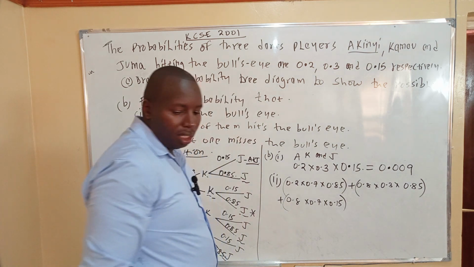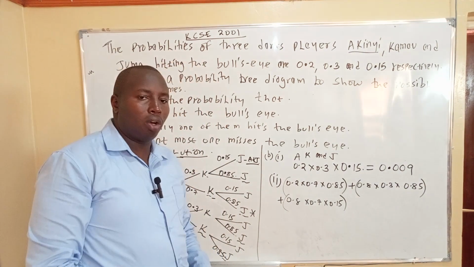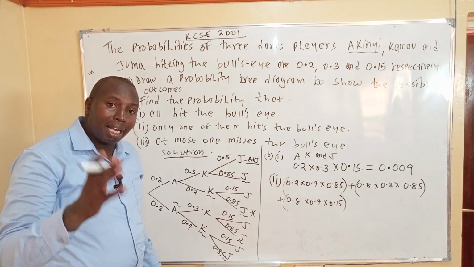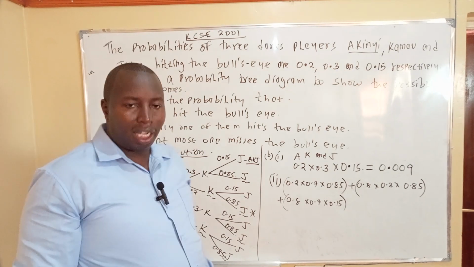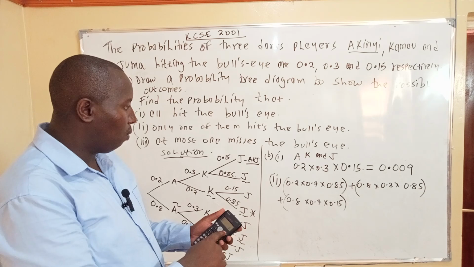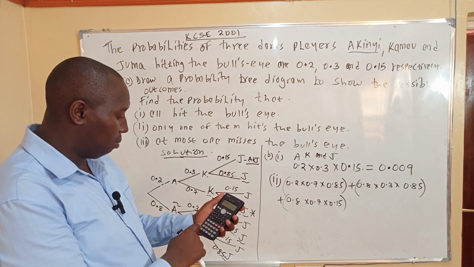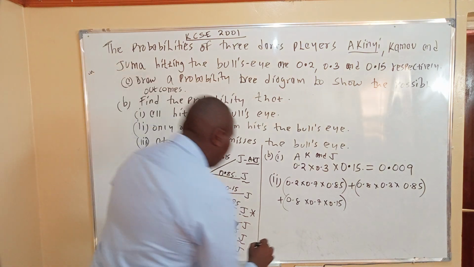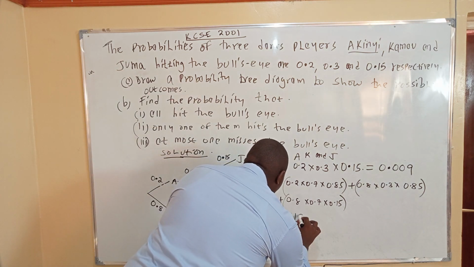Only one is hitting the bull's eye. That is what you check from the tree diagram. Let's work on the first one: 0.2 times 0.7 times 0.85, you get 0.119.